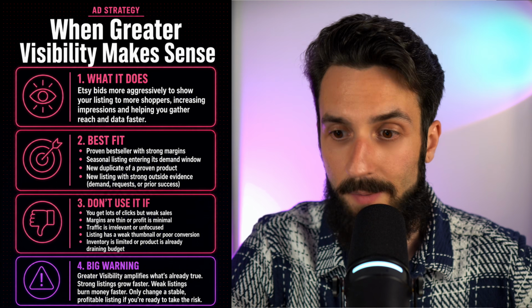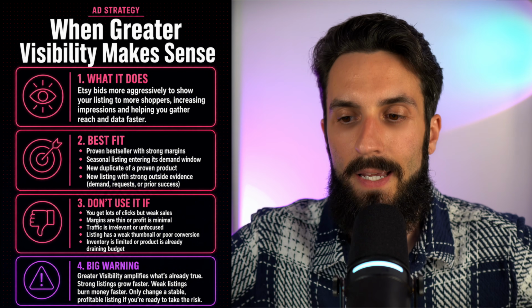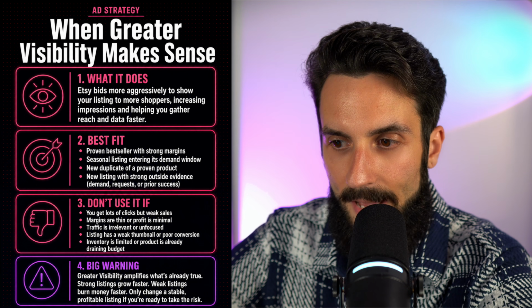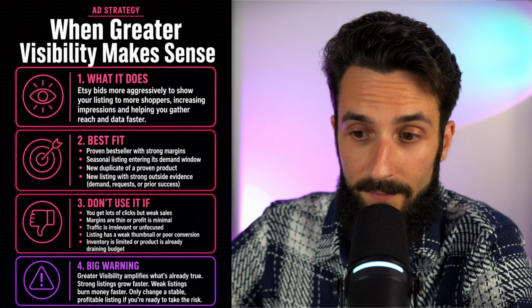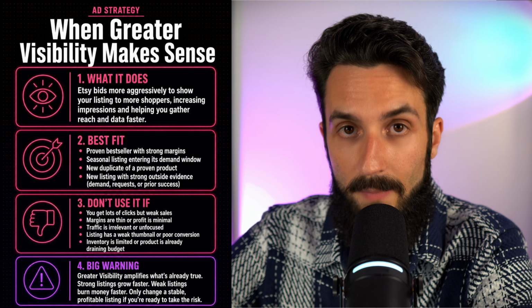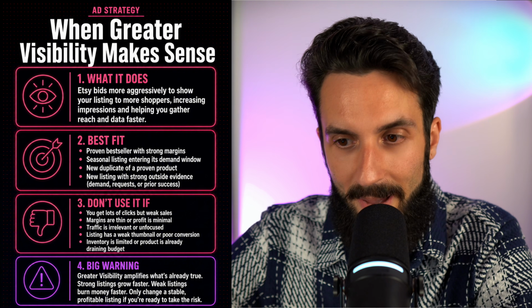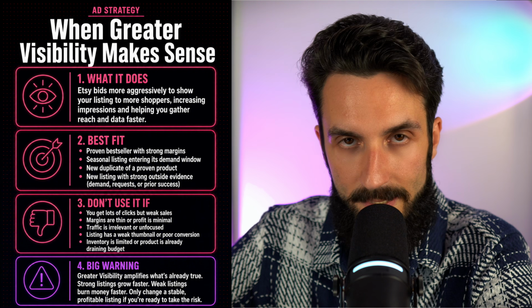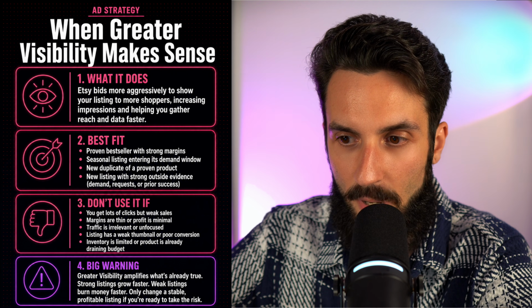So with greater visibility, Etsy says that it spends more to increase reach and help the listing appear more often. Etsy specifically suggests this setting for bestsellers, new launches, and major shopping periods, okay? So in my opinion, the best situation to use greater visibility is, number one, a proven bestseller with strong profitability.